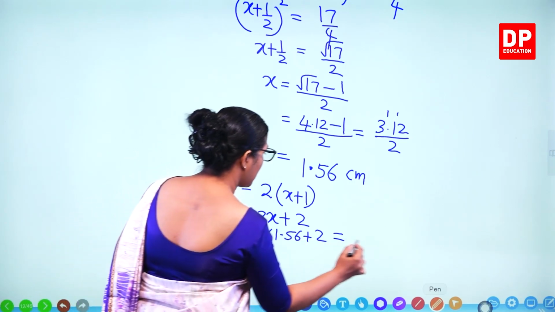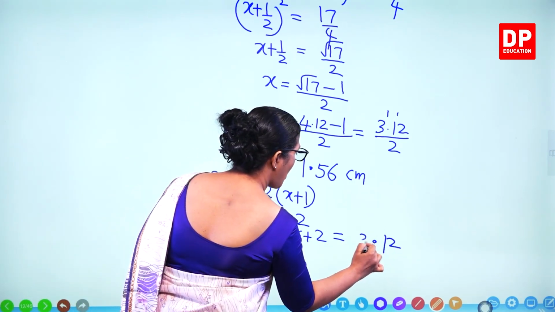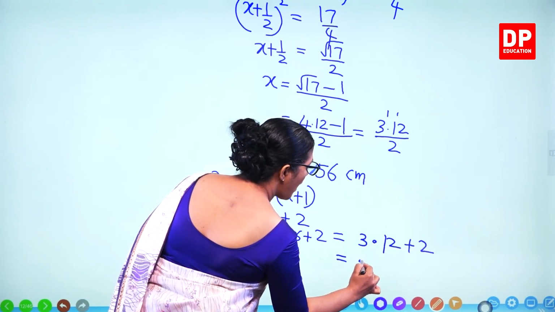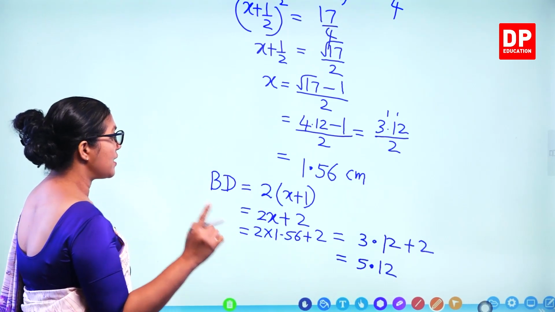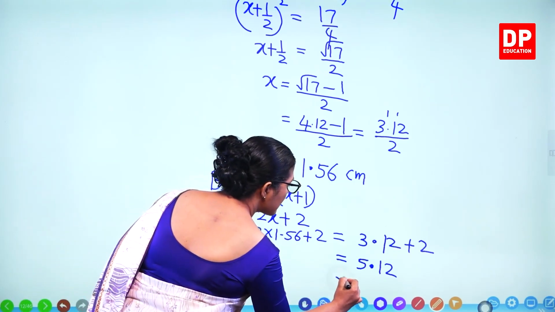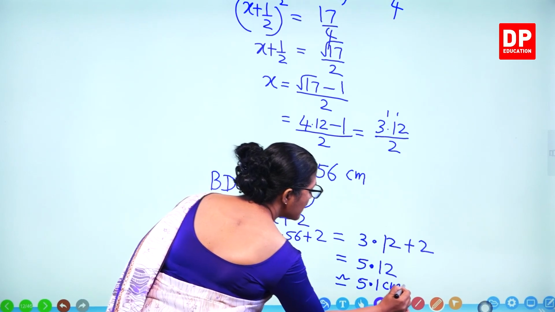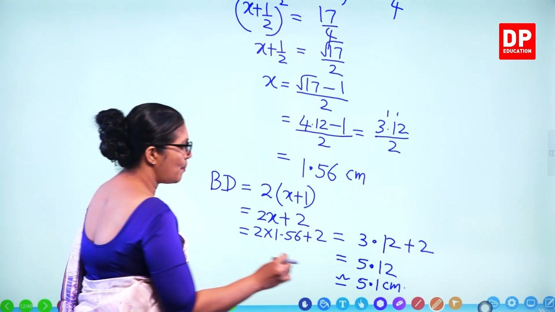You get 3.12 plus 2, which is 5.12. But correct to 1 decimal place, that's 5.1 centimeters. That is the BD length, correct to 1 decimal place.